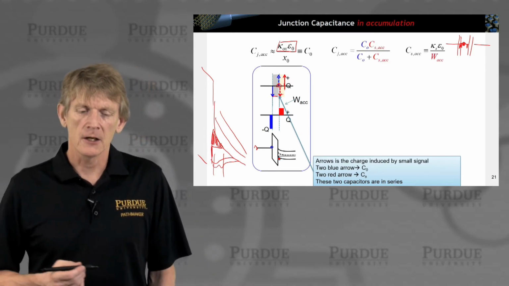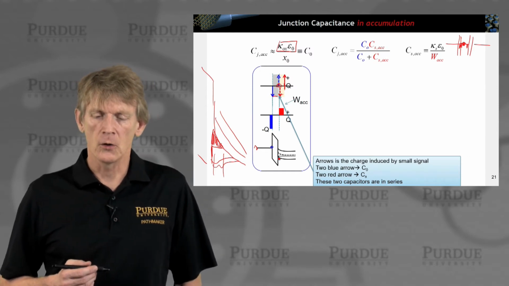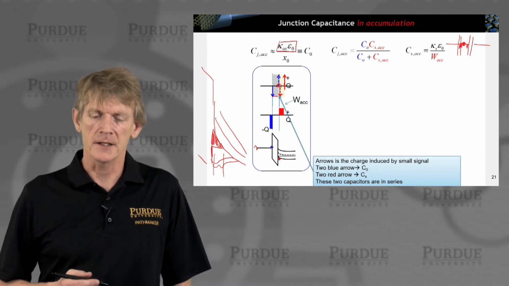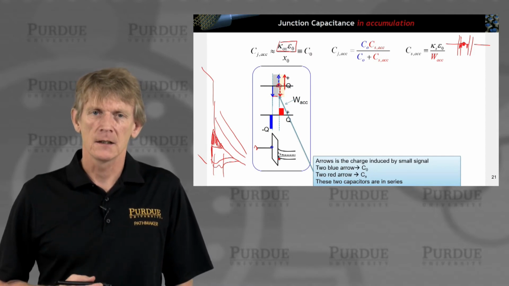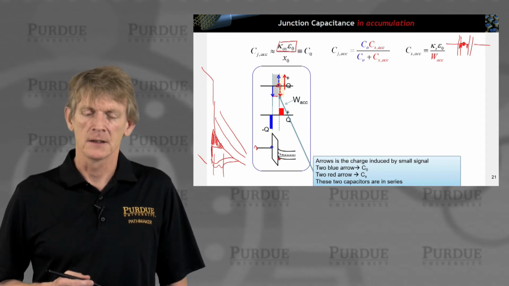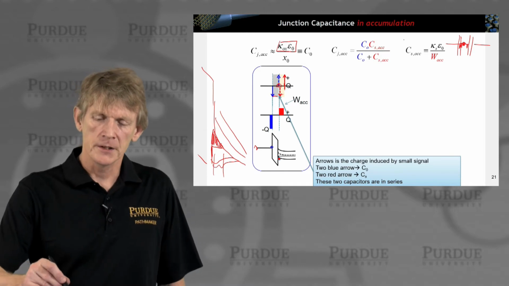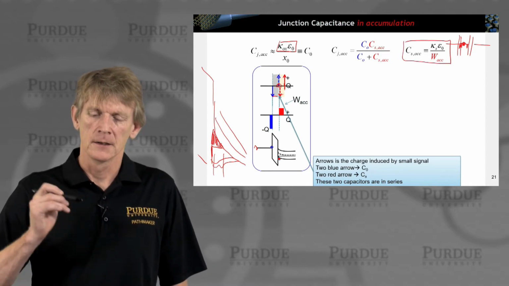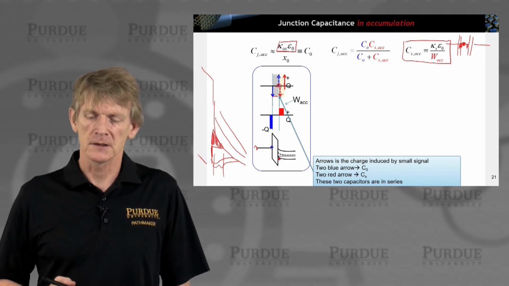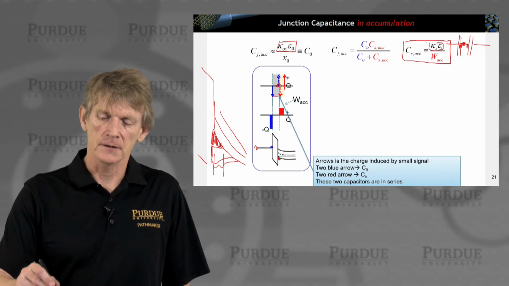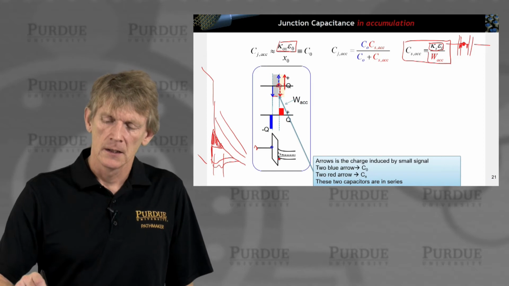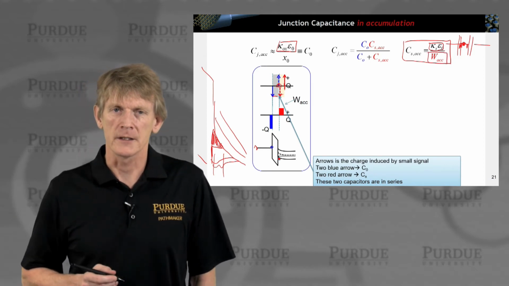So we can carry that through: the overall junction or gate capacitance in accumulation is the series capacitance of the oxide capacitance and the semiconductor capacitance in accumulation. We define this accumulation semiconductor capacitance in the same way as the oxide capacitance. It just has a different dielectric constant, the semiconductor dielectric constant, and here it has the effective width of the accumulation layer.